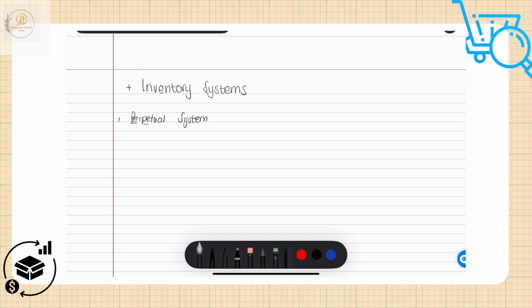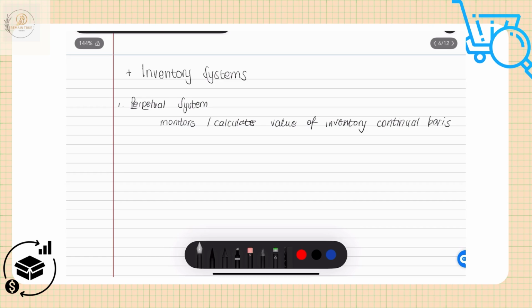We're saying this system monitors or calculates the value of inventory on a perpetual, continuous, constantly repeating, on a continual basis. If my spelling is incorrect, we are not here for English. Let us focus on accounting.